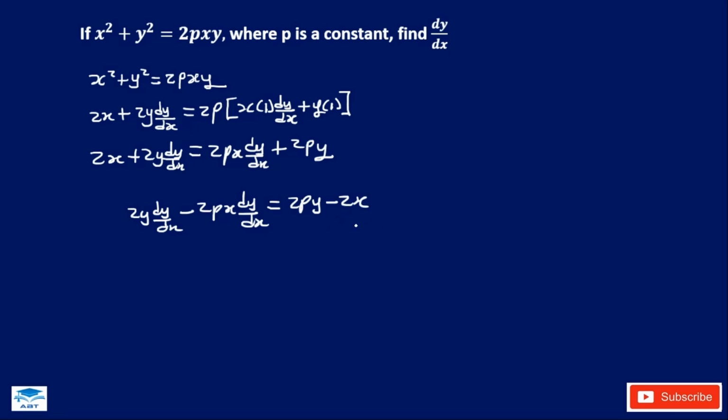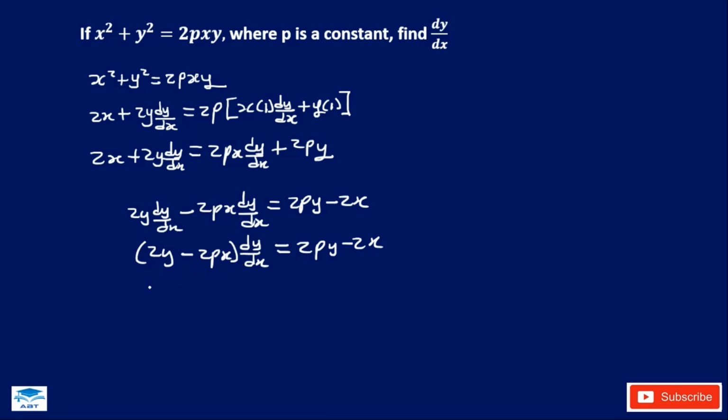2x, and then we factorize dy/dx out. So we have 2y minus 2px left here, and we have 2py minus 2x. So we divide through by 2y minus 2px.